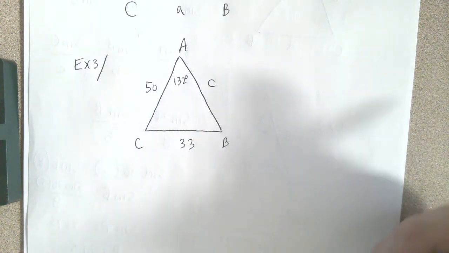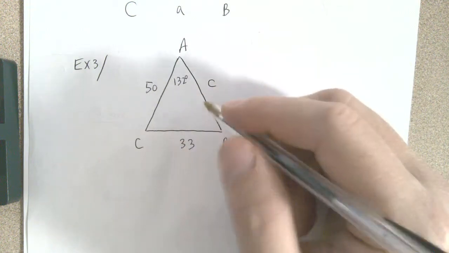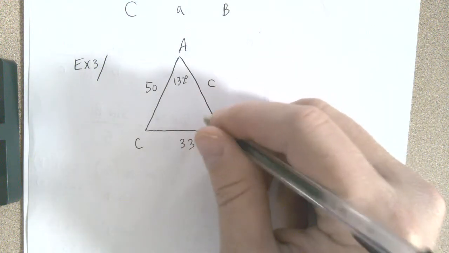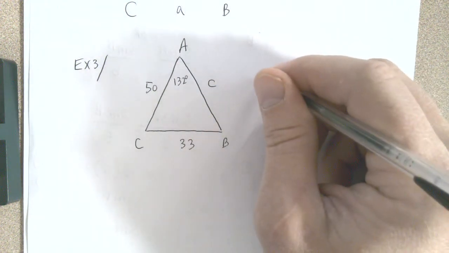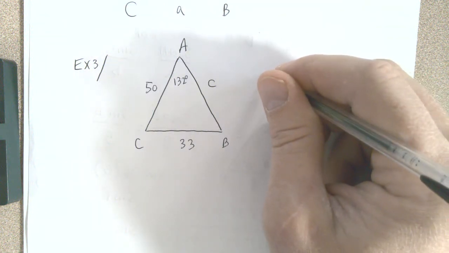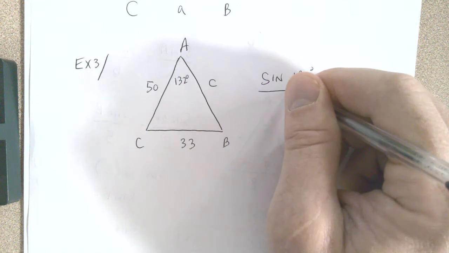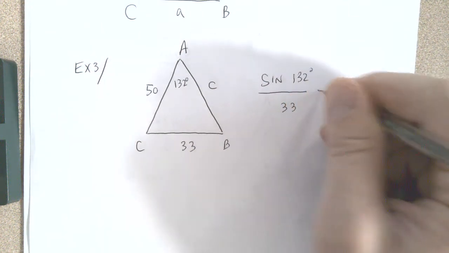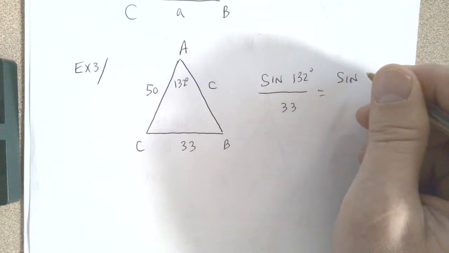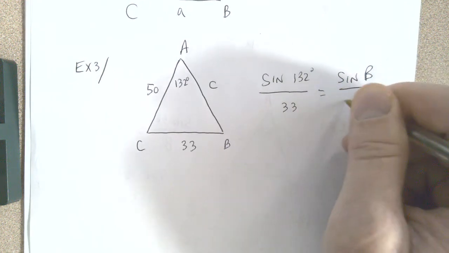So when we go through this thought process, let's say we're going to try and find angle B. We set this up. We're going to do the sine of 132 over 33 equals the sine of B over 50.